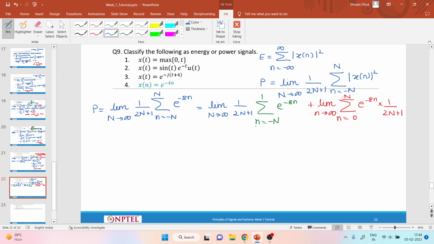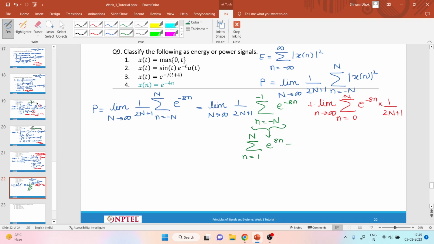So let us look at this summation first. We can write it as summation n equal to 1 to n e power 8n. I'm just making a substitution, n equal to minus n, so my limits will be from n equal to 1 to n e power 8n.